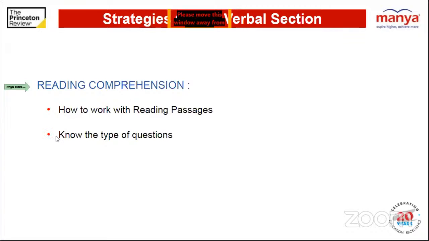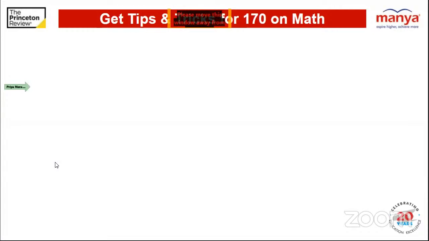Okay, and another way of improving your score is not just knowing how to tackle the passages, but knowing the different kinds of questions you will face on the GRE, right? The different questions in the reading comprehension, and knowing how to answer them, right? Another thing that I want to add here is, if you have a proper strategy, you will understand one thing: all the passages are similar, okay?